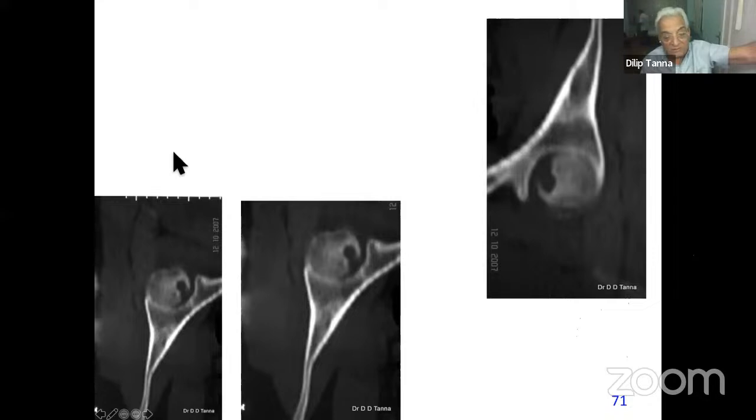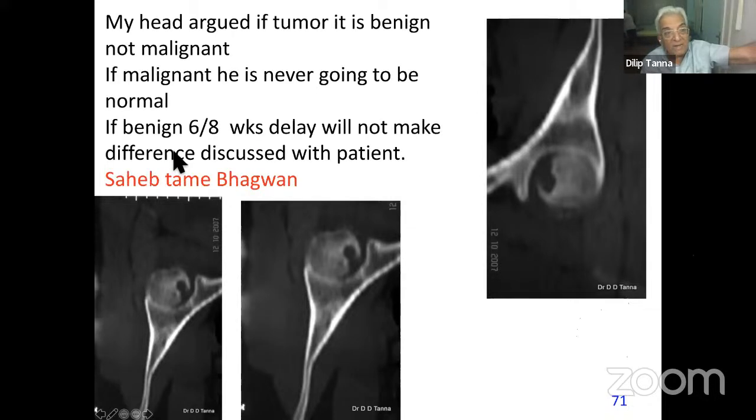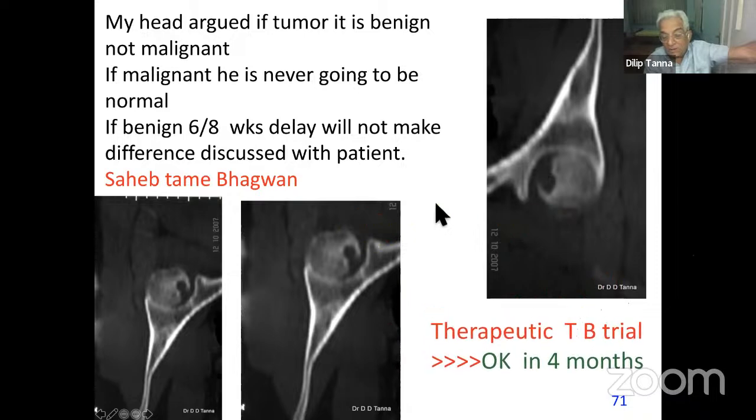Now I was convinced there is something there. My head argued that the tumor is benign, not malignant. If malignant, it is never going to be normal. If benign, a 6 to 8 week delay will not make a difference. Discuss with the patient. With this lesion, it's not a tumor. Therapeutic TB trial, and he was okay in 4 months' time.